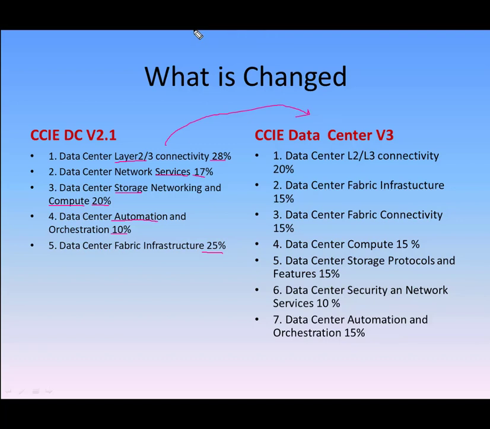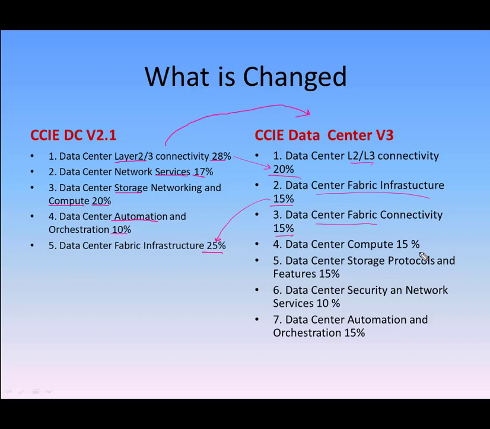You see the layer 2, layer 3 technologies this time are only 20%, so there's an 8% reduction. Fabric infrastructure is 15%, so that's also a 10% reduction. There's a new section of fabric connectivity, and that takes 15%.